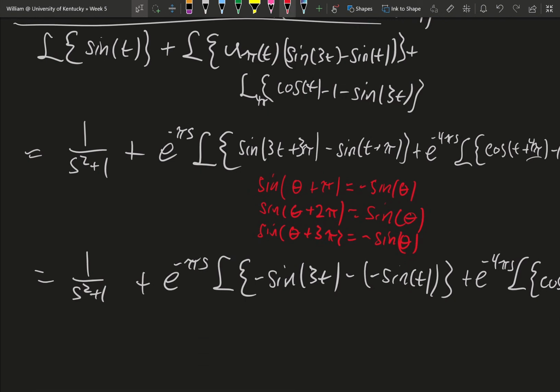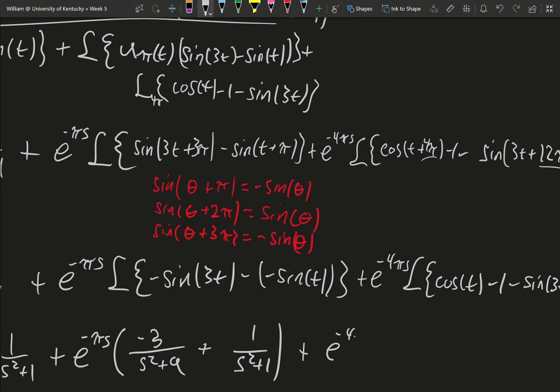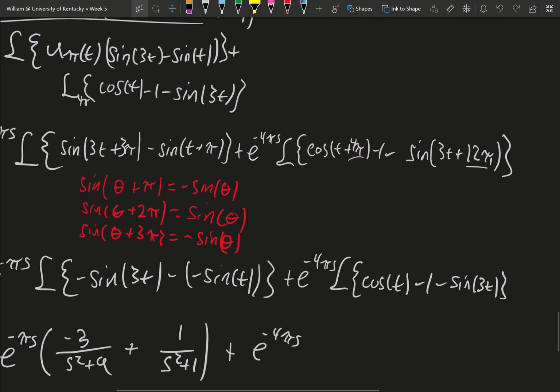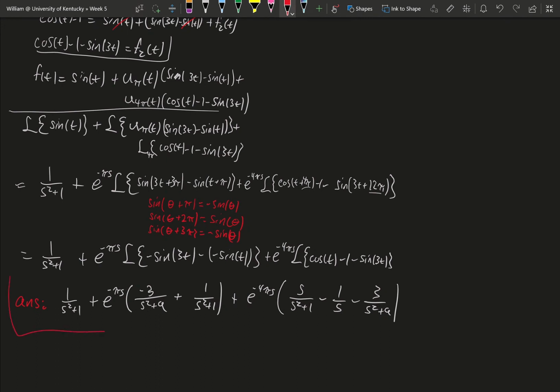And so if I now go ahead, I can simplify and get my final answer. 1 over s squared plus 1 plus e to the negative pi s times negative 3 over s squared plus 9 plus 1 over s squared plus 1 plus e to the negative 4 pi s times s over s squared plus 1 minus 1 over s minus 3 over s squared plus 9. And that is my final answer.